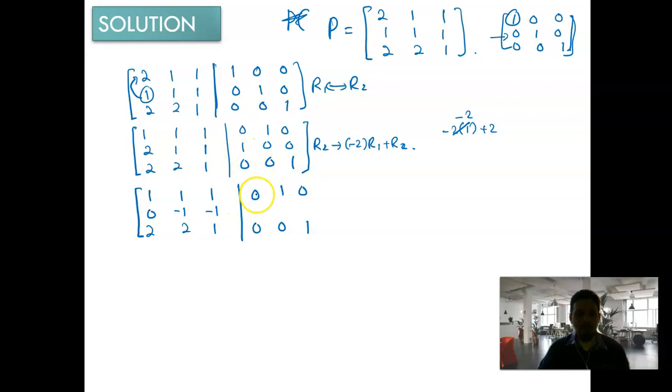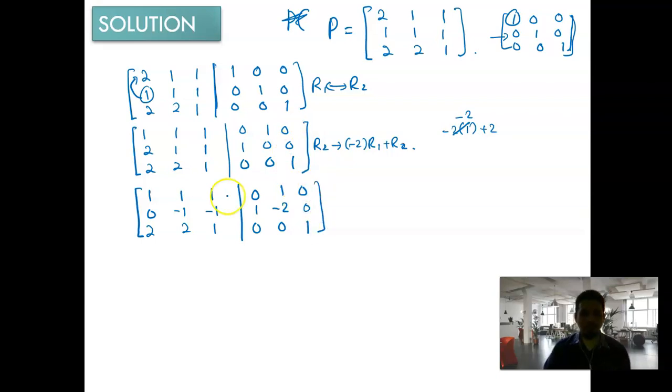Negative 2 times 1 equal to negative 2, plus 1 equal to negative 1. Negative 2 times 0 equal to 0, plus 1 equal to 1. Negative 2 times 1 equal to negative 2, plus 0, negative 2. And then negative 2 times 0 equal to 0, plus 0 equal to 0.